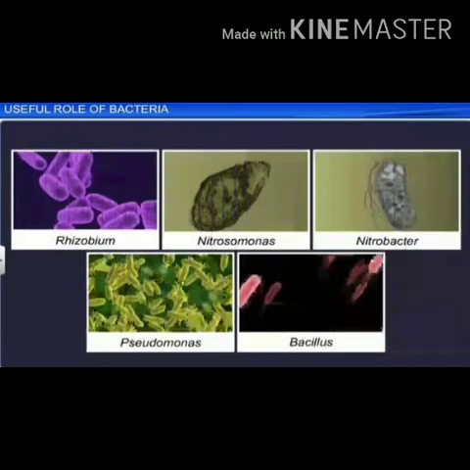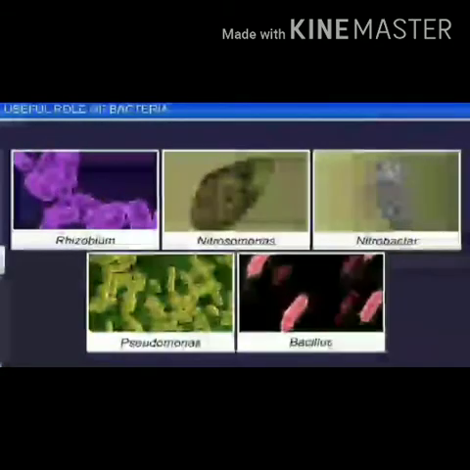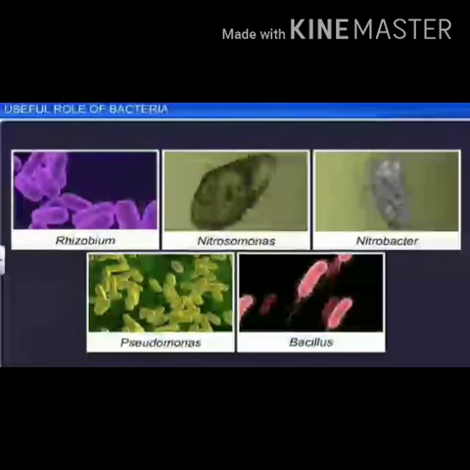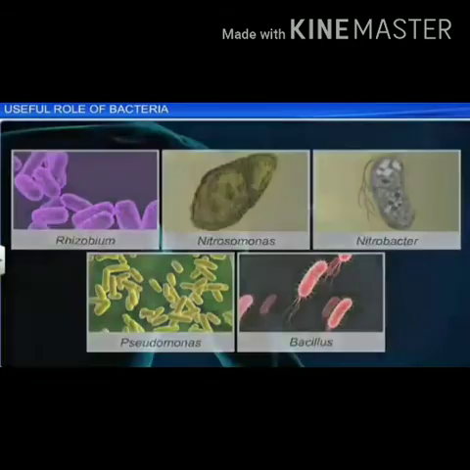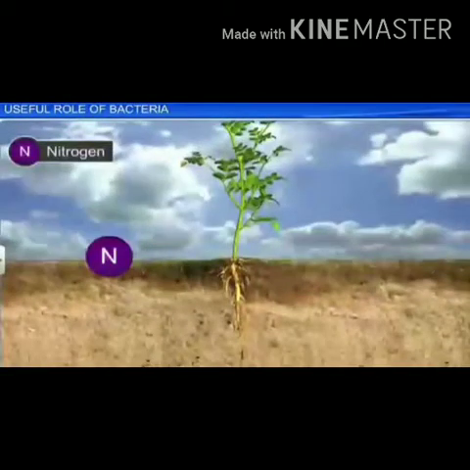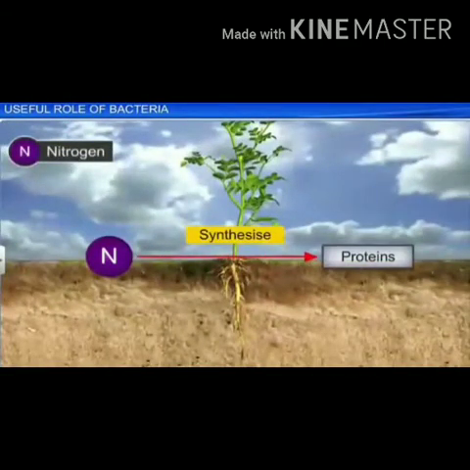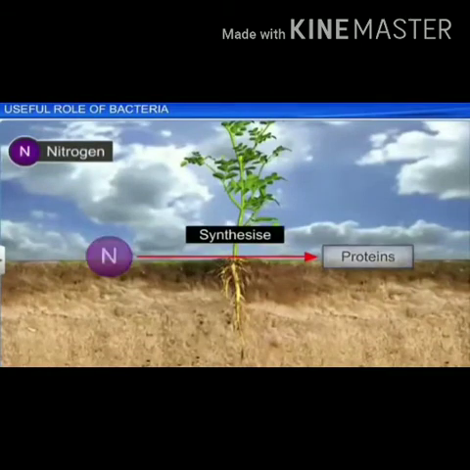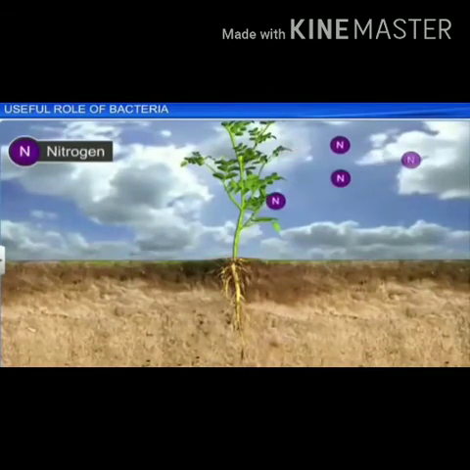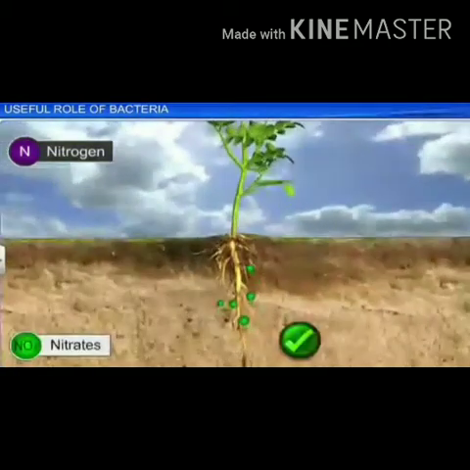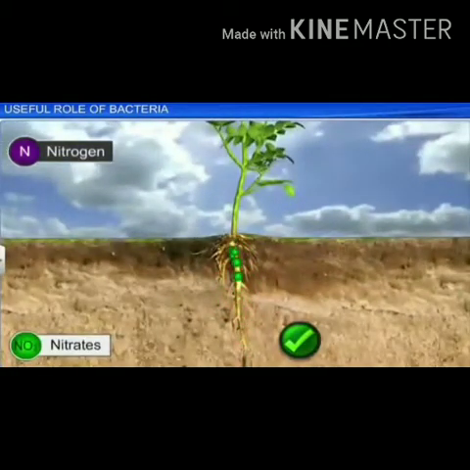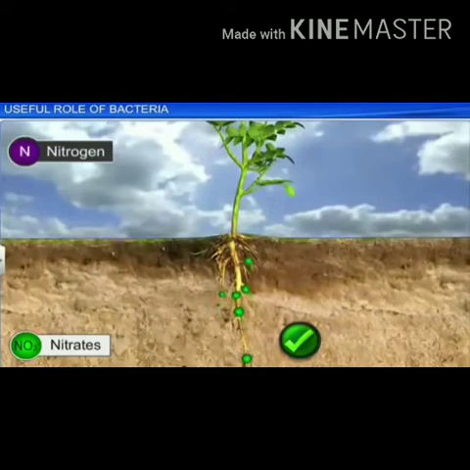In addition to the medical field, bacteria also play a useful role in agriculture. All plants require nitrogen to synthesize proteins. However, they cannot make use of free atmospheric nitrogen directly and can absorb it only in the form of nitrates from the soil through their roots.